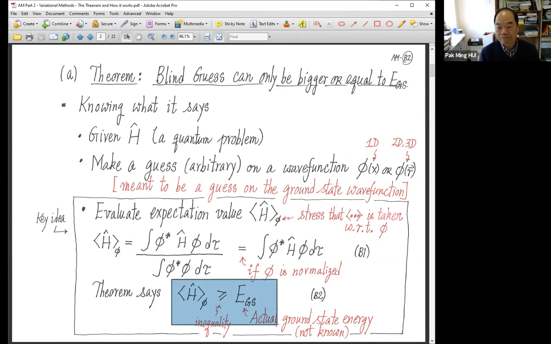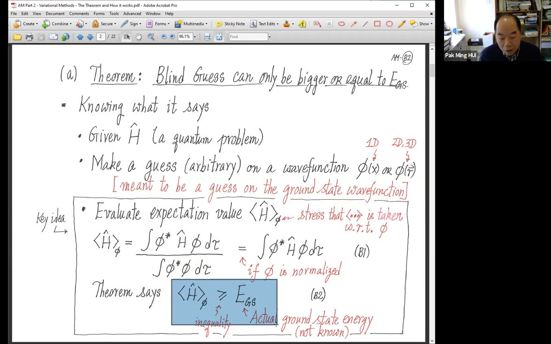It says you have a problem in hand, H, you turn on your mind and make some guess of some form that you think the ground state wave function looks like. You calculate the left-hand side. What you get must be greater than, or at best equal to, the exact ground state energy.